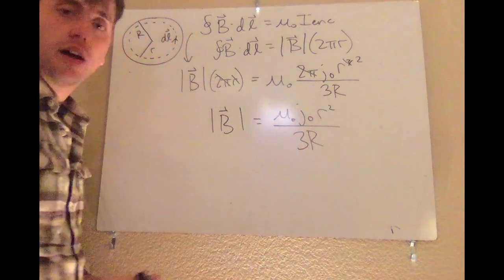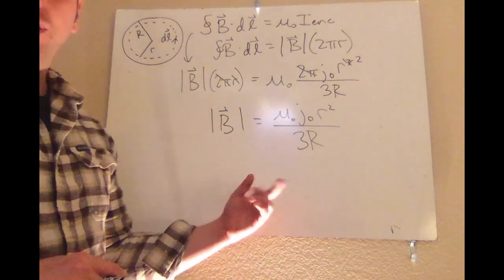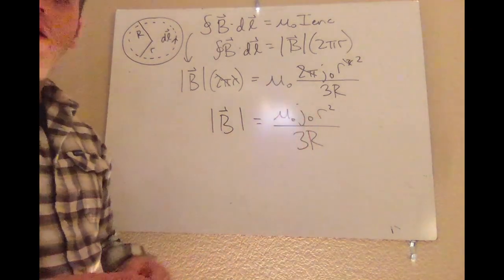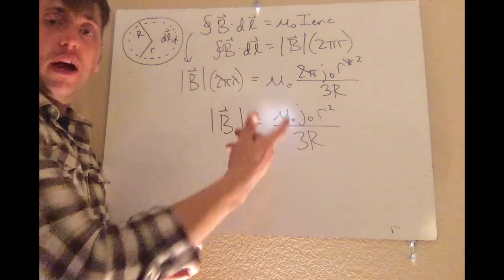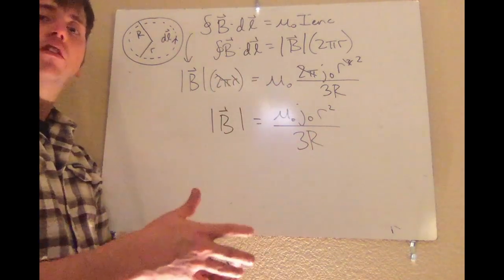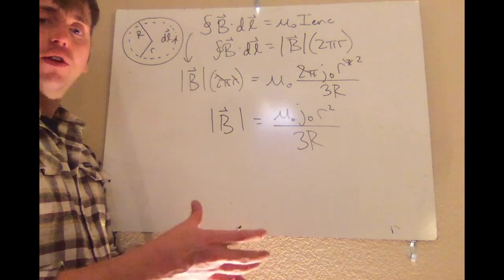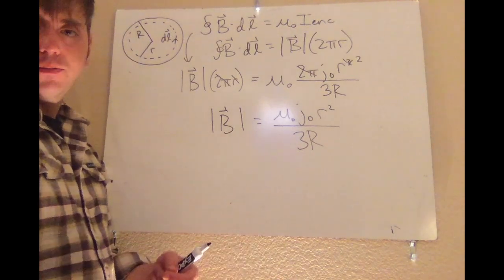So notice the magnetic field in the wire is increasing like r squared. When we had a uniform current density, this was just r to the first power. So you see how changing the current density in the wire changes what the magnetic field looks like inside that wire as well.